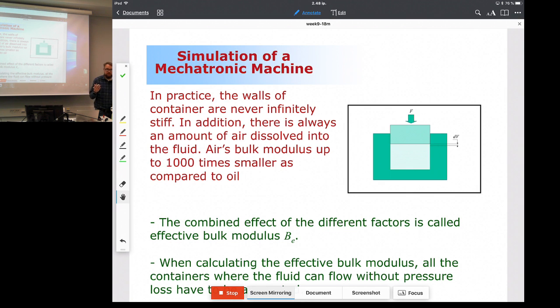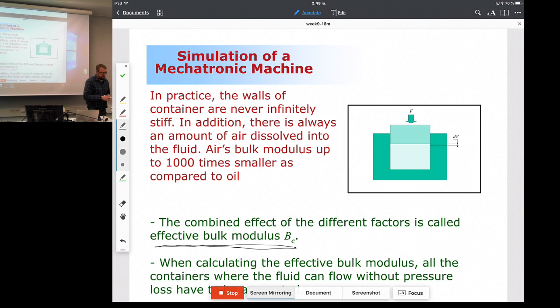Now, how can we account for these different factors? We can account for them by using something called effective bulk modulus. In the previous slide there was a definition of bulk modulus. The effective bulk modulus is something where all these factors, flexibility of container and flexibility of dissolved air, will be accounted for.